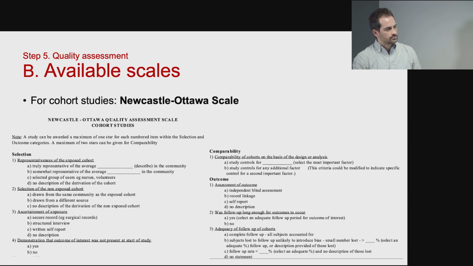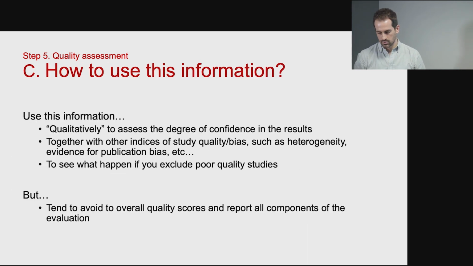And well, it's not useful to go into all these criteria because it depends on the study. Each of these scales has different criteria, and you can attribute points for each criterion met or not. It's just to use this information in a qualitative way, for example, to assess how confident you are in the results of the papers that you included.